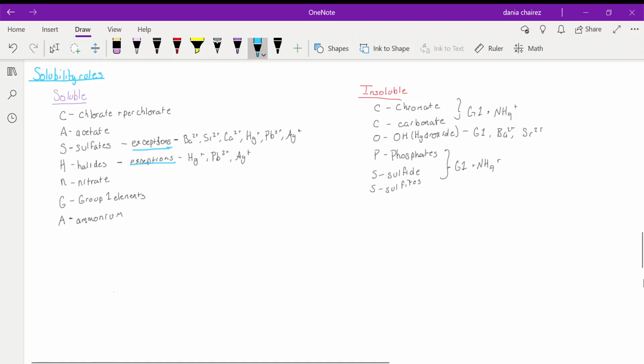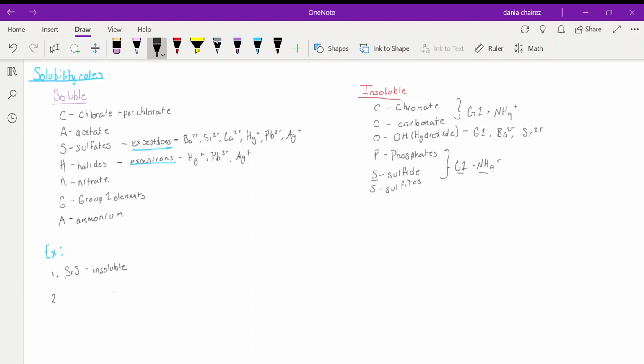So let's do some examples of labeling things as soluble or insoluble. Let's take strontium sulfide. Sulfide is insoluble with the exception of group 1 and ammonium. Strontium is neither group 1 nor ammonium, so therefore this is insoluble.